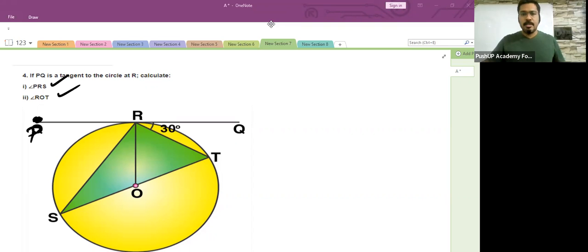Very good. Rian, Sia, good job. Shazia, explain this sum. It shouldn't take more than 1 minute while explaining. Very good. Opposite angle.